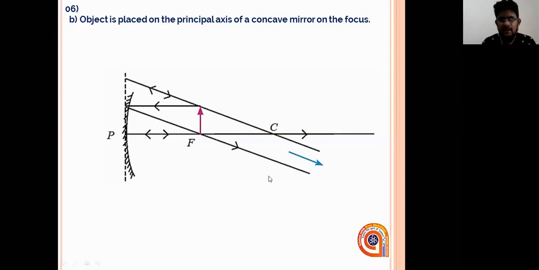That is a common theory, right? Parallel light rays will be reflecting back along the focus. And the second ray we are taking from the center of curvature, after reflection, it goes along the center of curvature. So these two, you can see, will not meet again since they are going parallel.